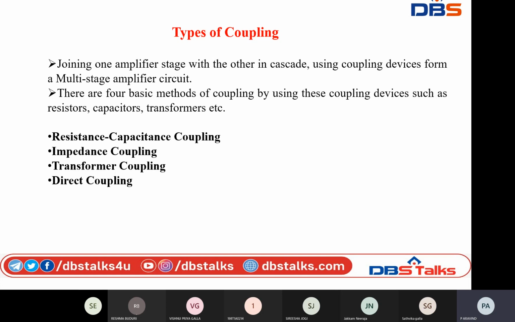The secondary winding of the transformer provides a base return path, so there is no need of base resistance. This coupling is popular for its efficiency and its impedance matching. That's why this is also mostly used. That is transformer coupling. And the final one is direct coupling.